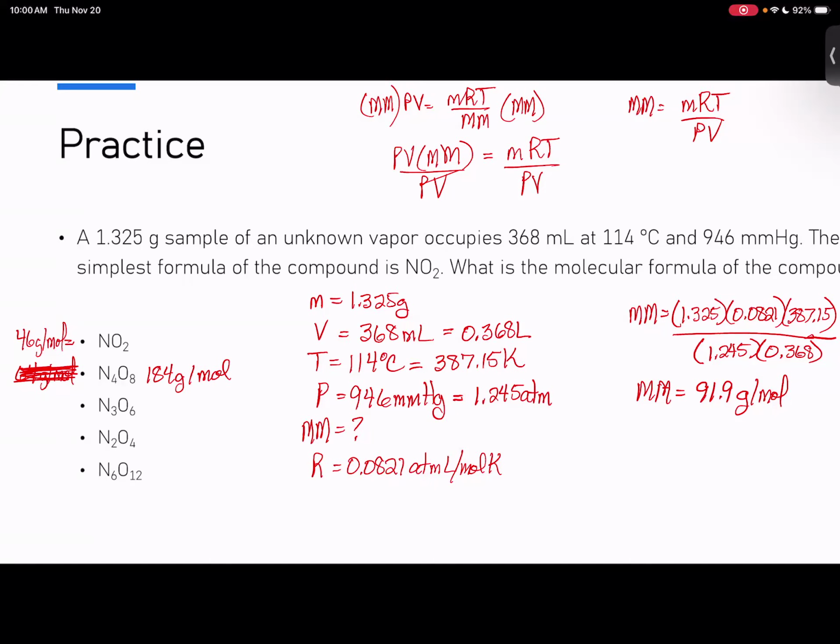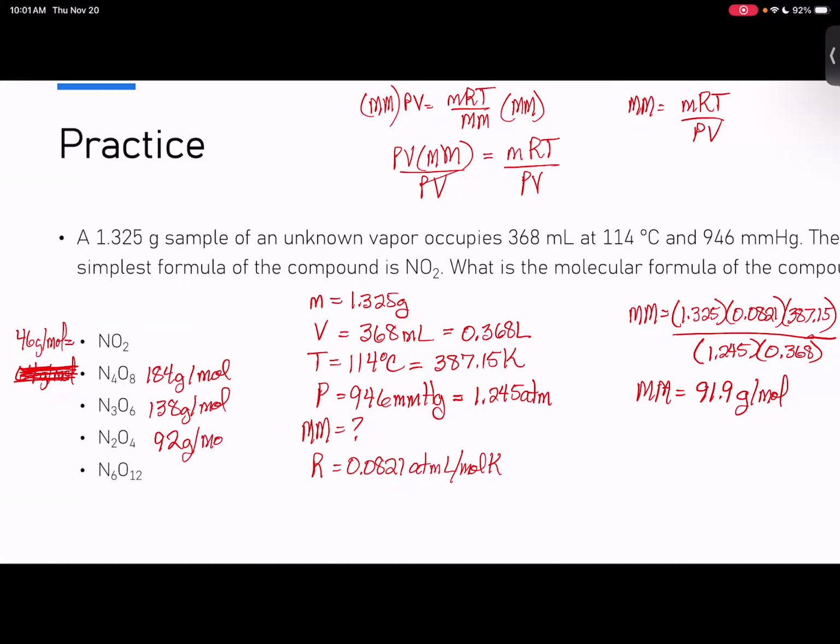N3O6 is 138 grams per mole. N2O4 is 92 grams per mole, which is what we came out with.